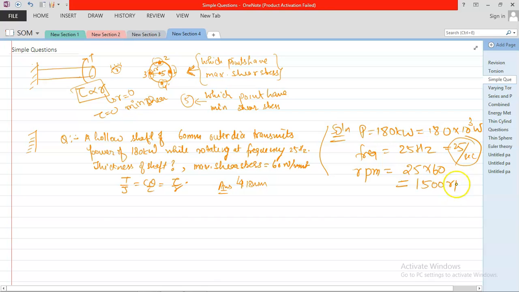You also know how to convert RPM into angular velocity: 2 pi n divided by 60. So 2 pi into 1500 divided by 60 gives omega, the angular velocity. Now you have power and omega. What is the value of omega?